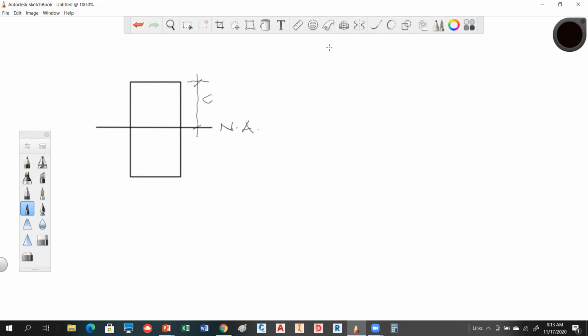So when you look at this equation, M times C over I, if C is increasing, then the bending stress is also increasing, okay? From a design standpoint, you're normally looking at what's happening out here anyway, so we're usually looking at what we would call the maximum bending stress. Does that make sense? Everybody?